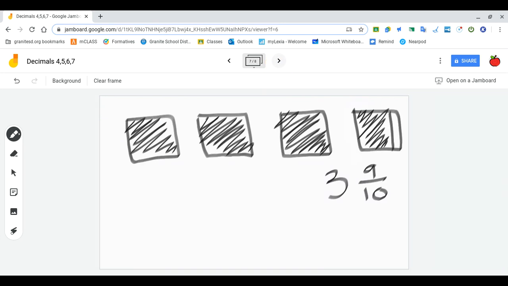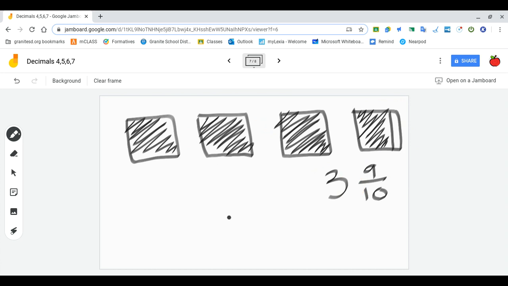Something I want to mention is that I could have a larger digit as a whole number than 1. Here, this shows that I have 3 wholes, and this is supposed to show 9/10. It's hard to see, but I wrote it as a fraction, 9/10.